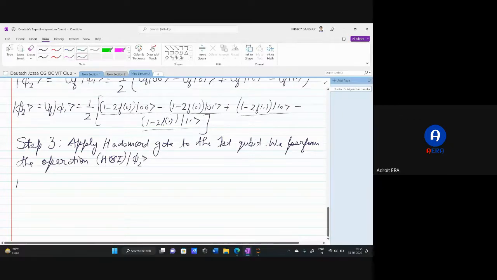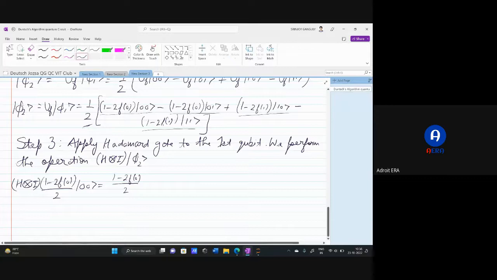So for the first term, H tensor I, we take the factor 1 minus 2 f of 0 divided by 2 out, with ket 0 0. This is the coefficient which we took out, because remember outside there is also a half, which gets multiplied with all the terms inside.